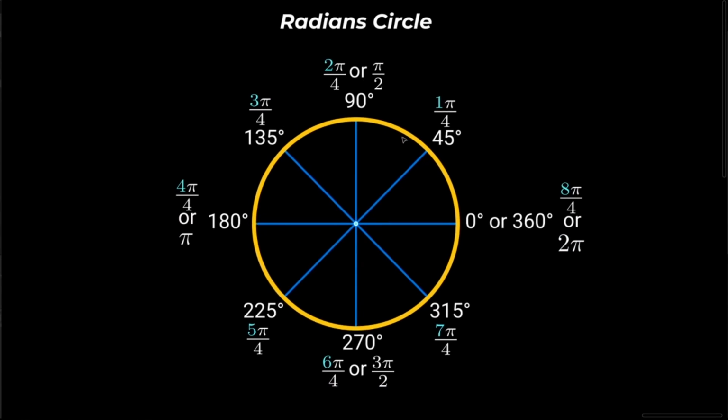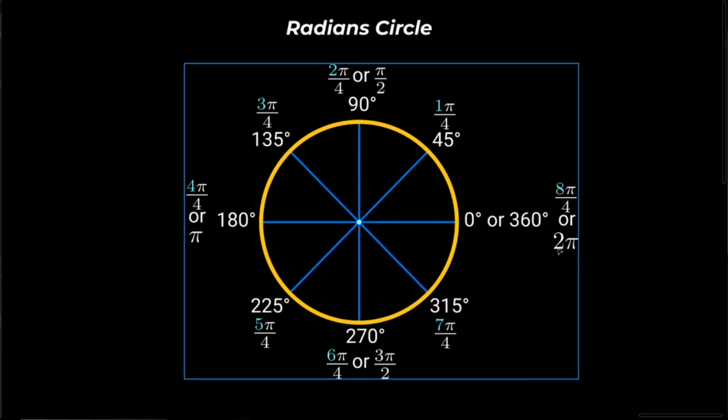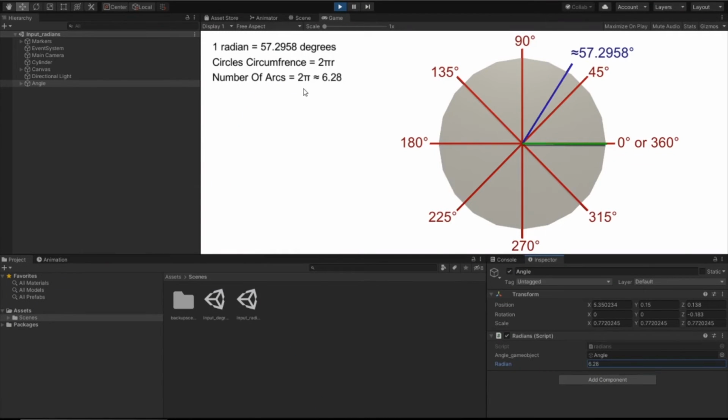So this is basically the radian circle, and the reason is 2 pi because, as I told you guys over here, the number of arcs needed is 2 pi to complete one whole circle. So imagine 2 pi over here, 1/4 of pi, and like 3/4 of pi about.